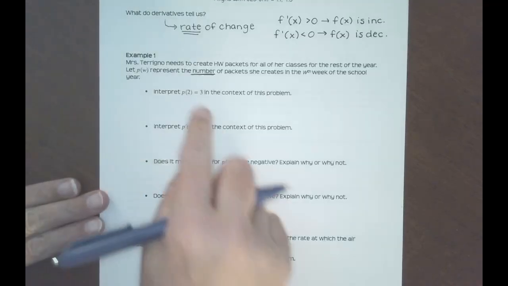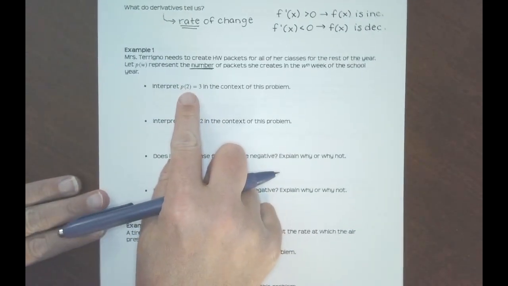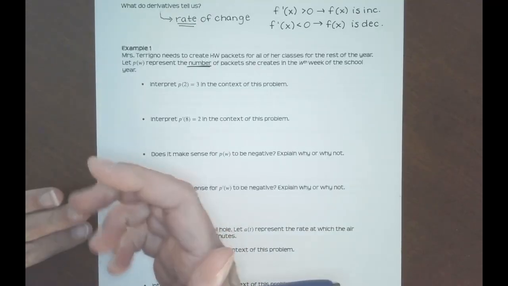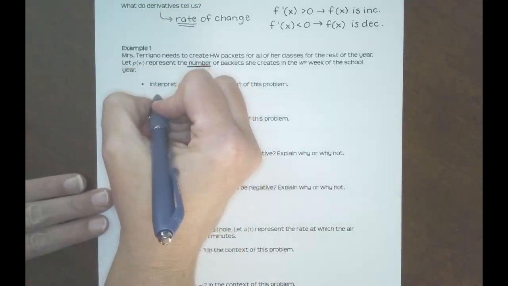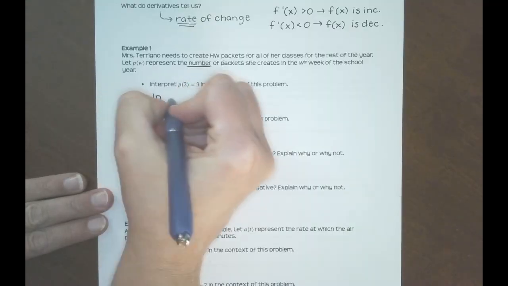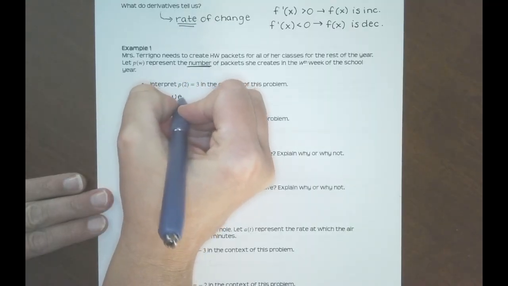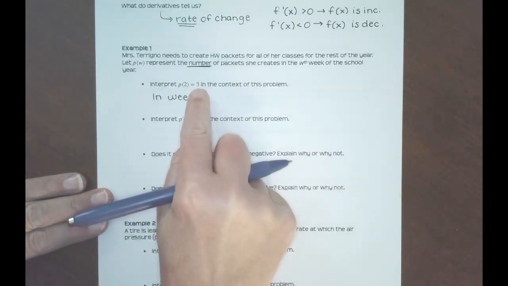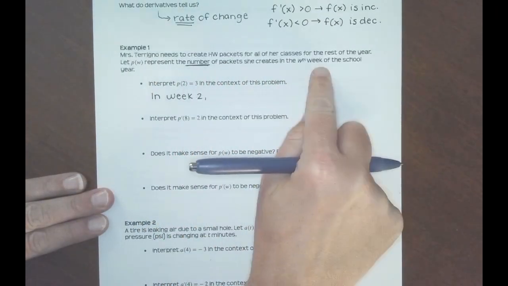Okay, so when I see P of 2 equals 3, thinking about how this function is designed, let's talk about what that means. I'm going to automatically start with what does the 2 mean? So in week number 2, the 3 would represent the number of packets created.